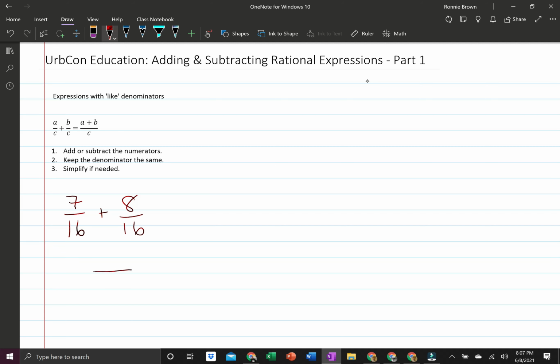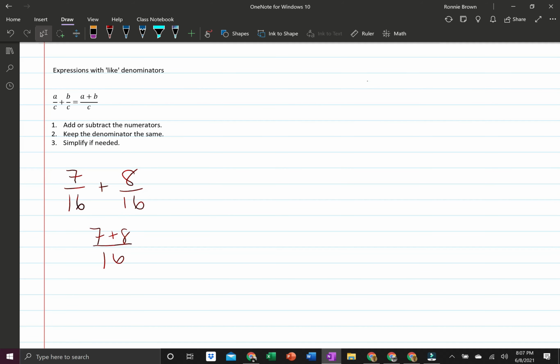So I'm going to write them over that 16 because they're the same denominator. Here at the top, I'm just going to show the steps for this one problem. 7 plus 8 is 15, and then we have 15 over 16. Well, we can't simplify or reduce this any further, so this will be our answer.